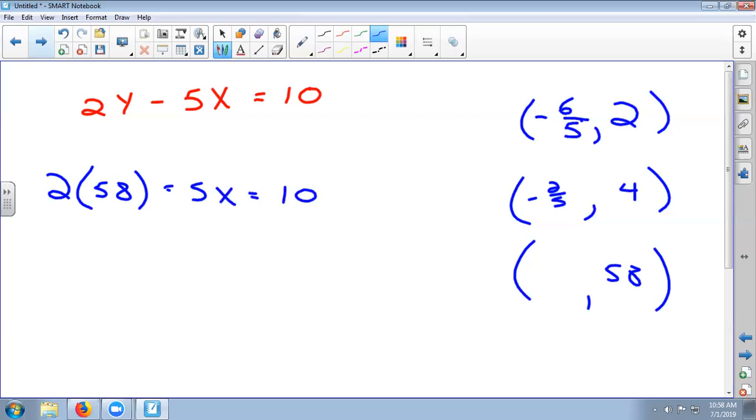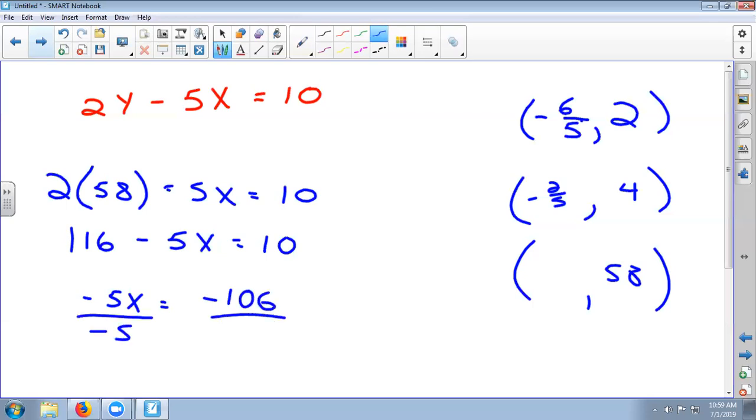58 times 2. Subtract 116. Divide both sides by -5. 21.2.